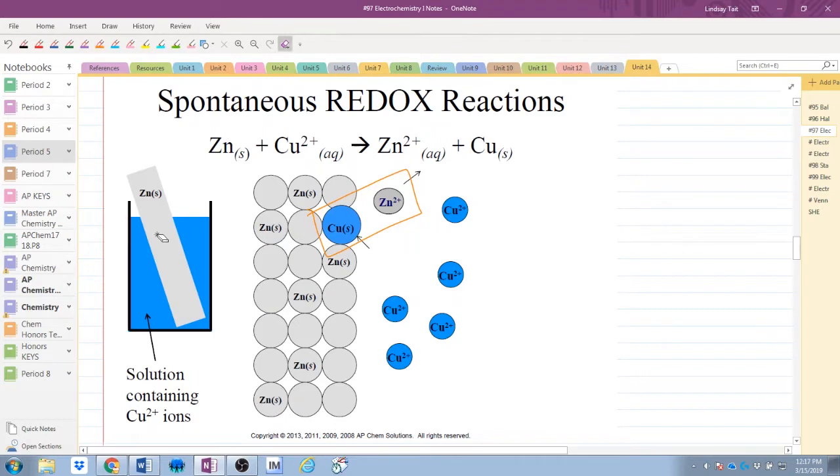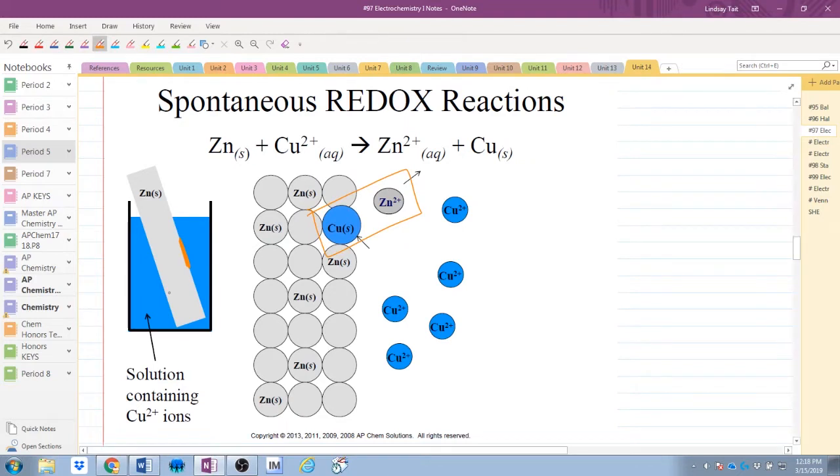Visually, if I'm looking at this bar, then what will I start to see? I'm going to start seeing that bronzy orange copper color, right, all the way around, because I'm removing these silvery solid zinc atoms and replacing them with these bronzy solid copper atoms, right?